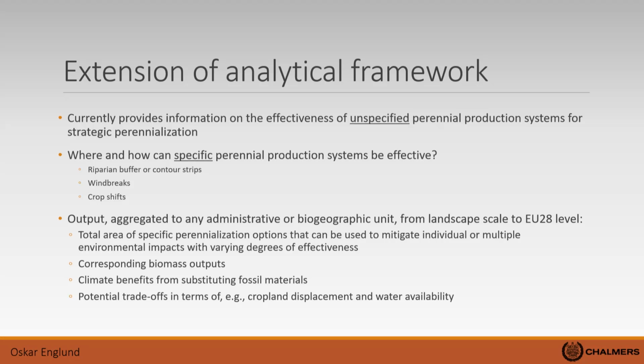This refers to, as I talked about earlier, riparian buffer strips, contour strips following contour lines in the landscape, windbreaks, or crop shifts. The output of this extended analytical framework will be the total area of these different perennialization options that can be used to mitigate individual or multiple impacts with varying degrees of effectiveness.